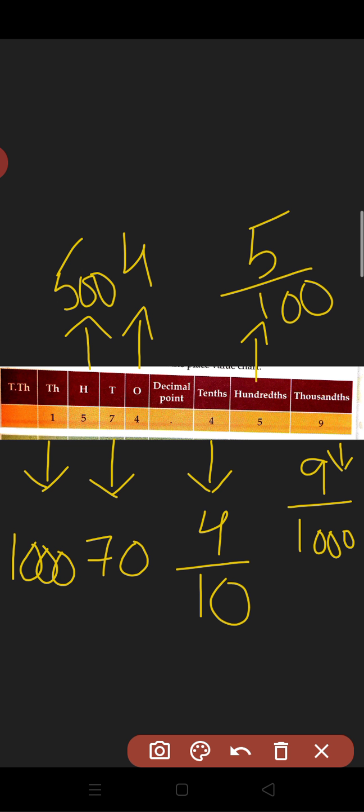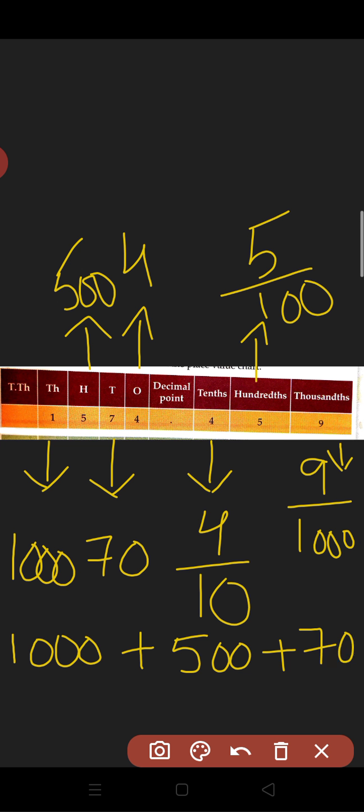Then how will we write the expanded form? Expanded form of a decimal number is the sum of the place values of the digits. So I am going to write the expanded form for the given decimal. Start from the whole part, that is 1000 plus 500 plus 70 plus 4.